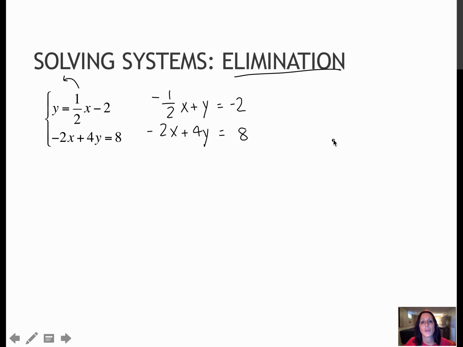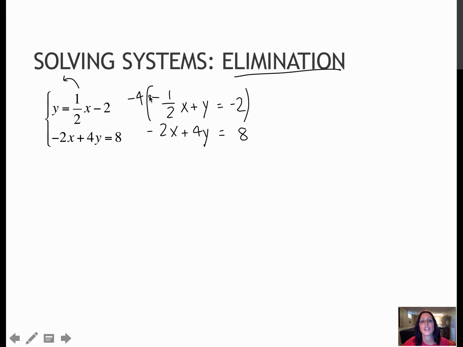So now I want to multiply one or both of my equations by something so that either the value in front of the x or the value in front of the y is the same number but the opposite sign. Because I don't love fractions, I'm going to choose to multiply this equation, and I'm going to multiply by negative 4.